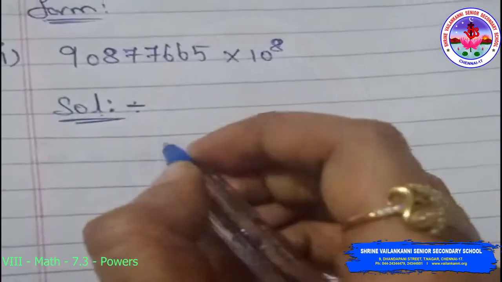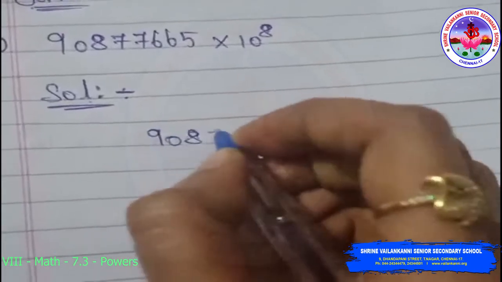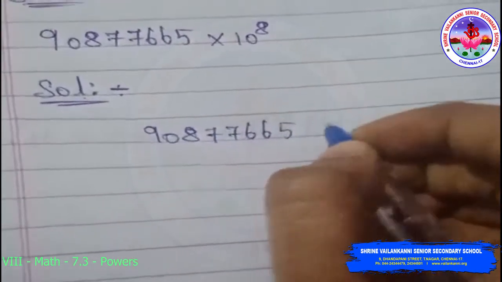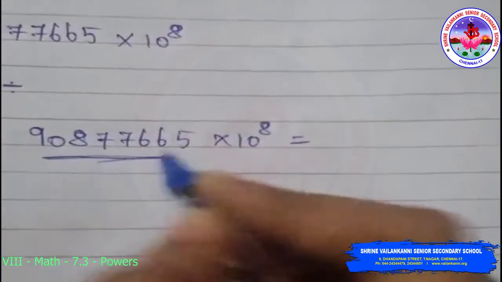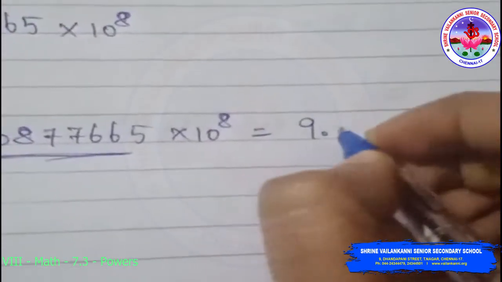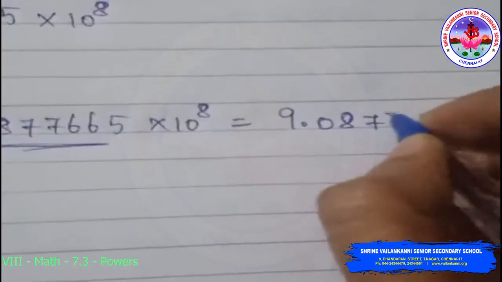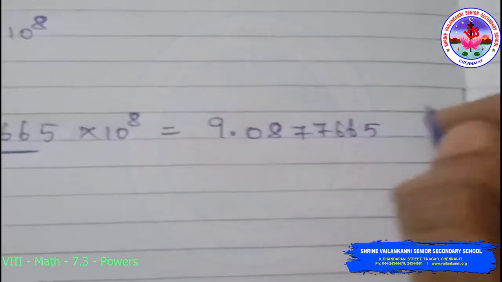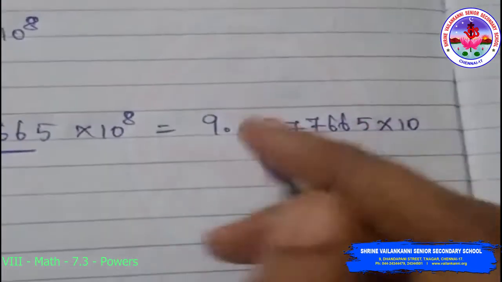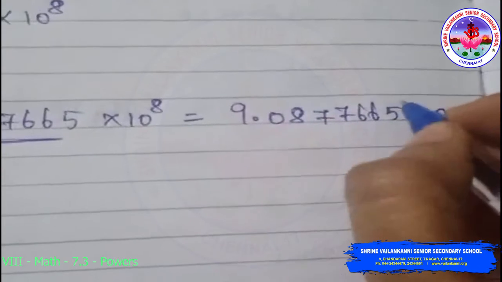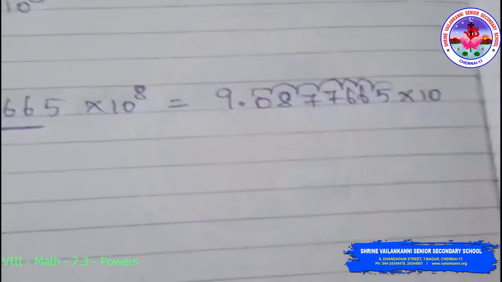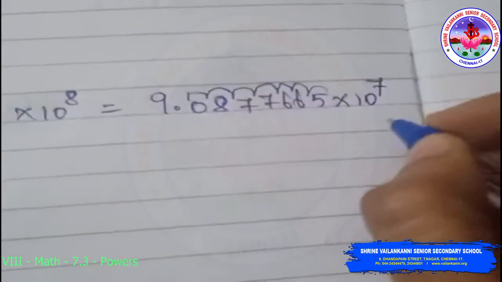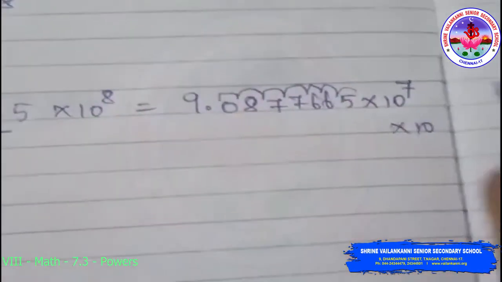So 90877665 times 10 to the power of 8 is equal to, first convert this number to scientific notation: 9.0877665 times 10 to the power of, that is 1, 2, 3, 4, 5, 6, 7. So 10 to the power of 7 times 10 to the power of 8.